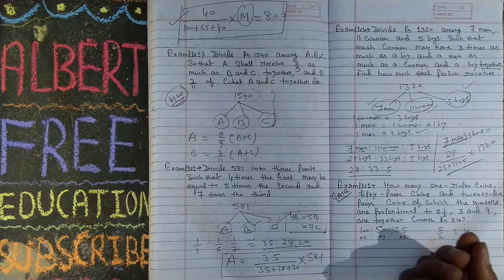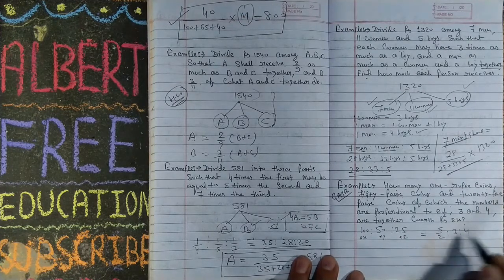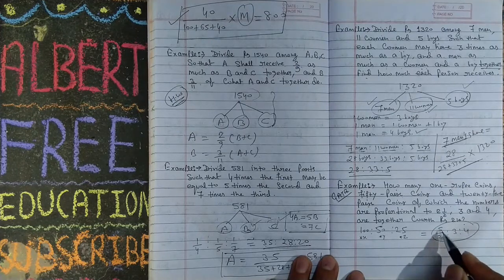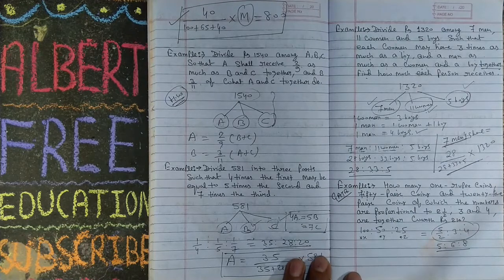If you add, you get some amount of money, that is 210. He is asking about this x, y and z. So your ratio is this: you multiply by 2, then 5, ratio 3 to 6, 4 to 8. Your ratio is this.